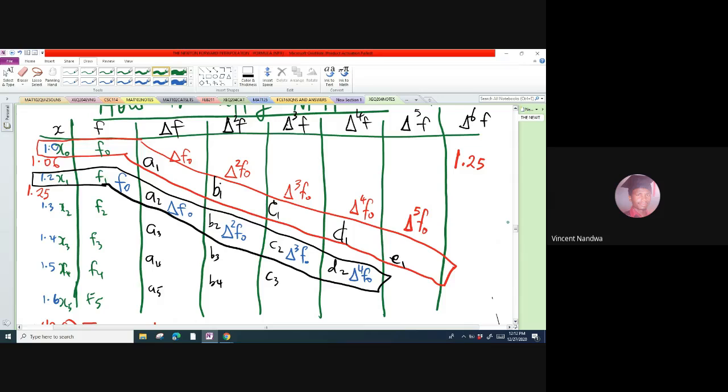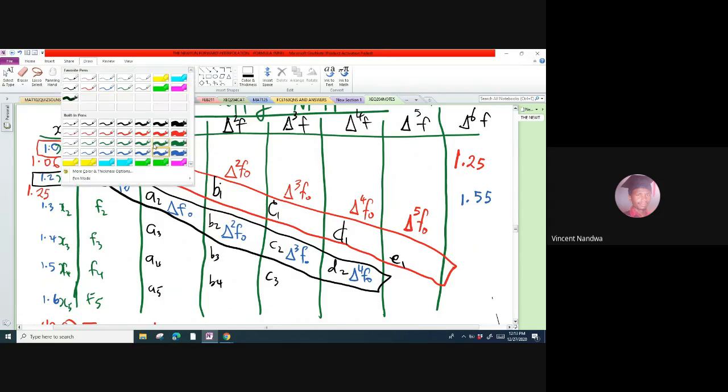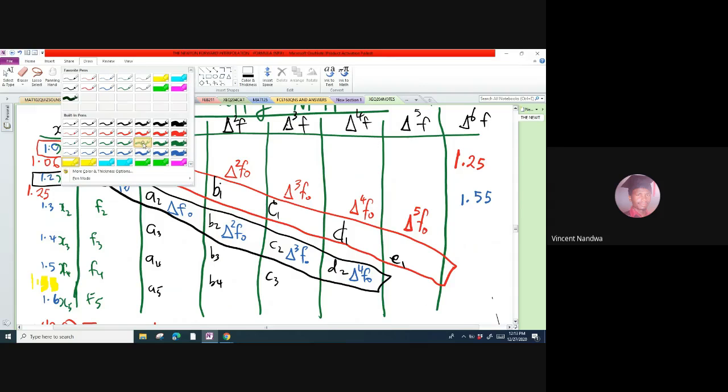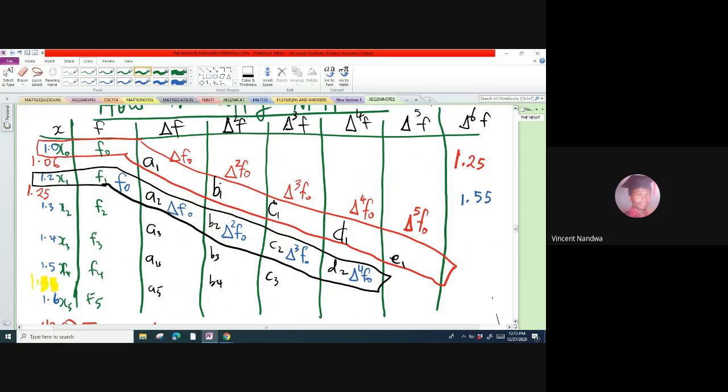So now, if you are asked to find the value of, using this table that we have done before, 1.55. You see in this table, 1.55 lies at this point here. So at that point, 1.55 is near the bottom of the difference table. Therefore, to get a better approximation by the Newton backward difference formula, you pick a value at the bottom of that value now. So pick 1.6.